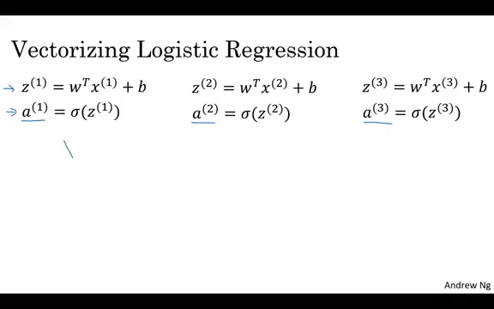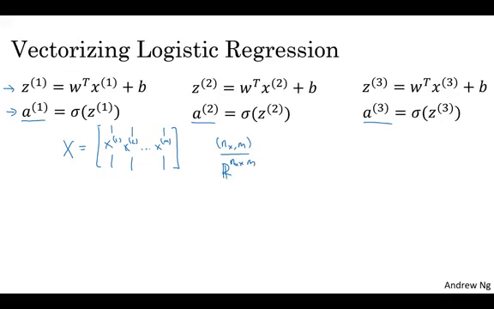First, remember that we defined the matrix capital X to be your training inputs, stacked together in different columns like this, right? So this is a matrix that is a nx by m matrix. I'm writing this as a Python NumPy shape, but this just means that X is a nx by m dimensional matrix.